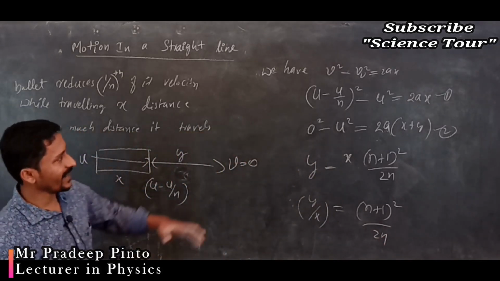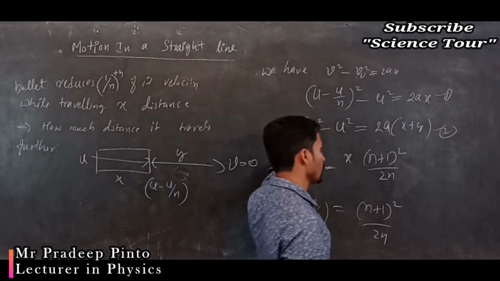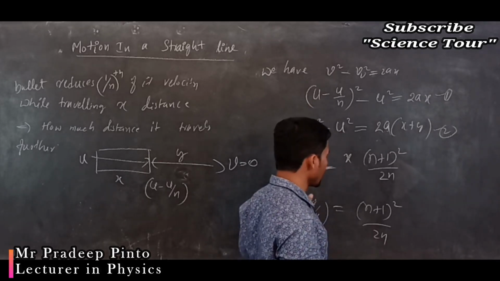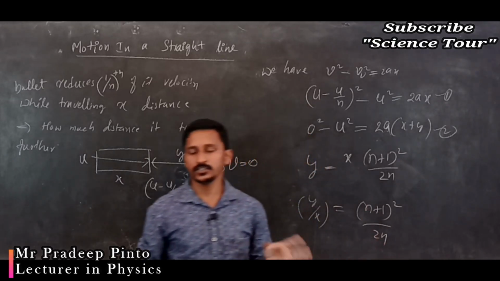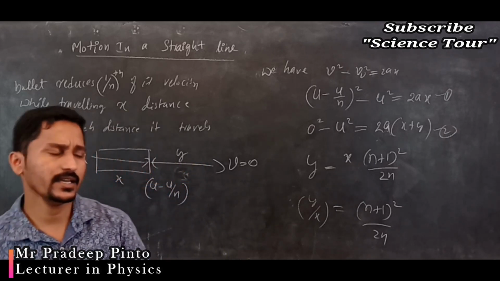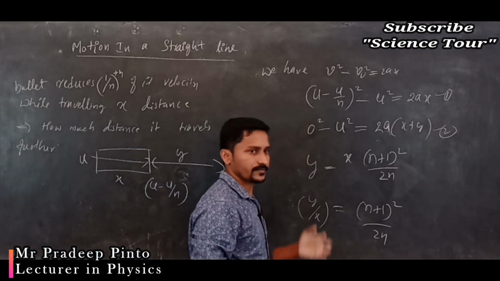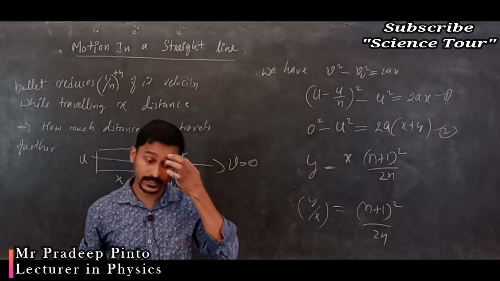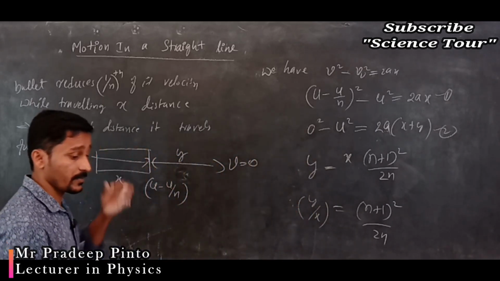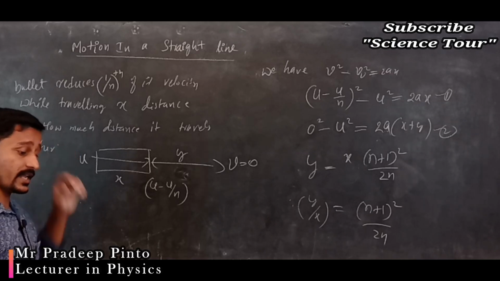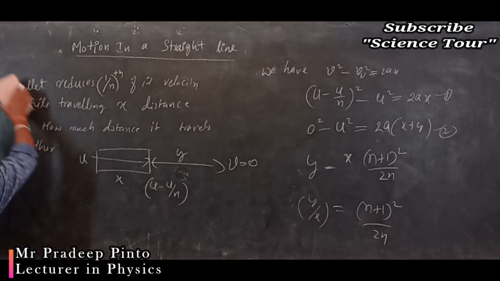Now you can apply this directly to the problem and find out, and if you can remember this also, that is your choice. If you are very fast, you can solve it like that.